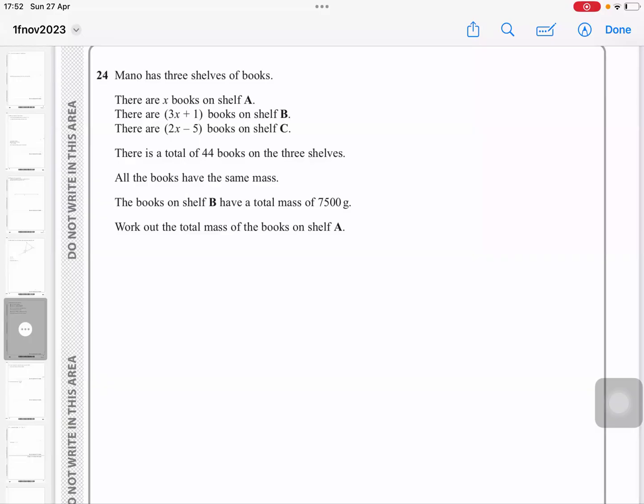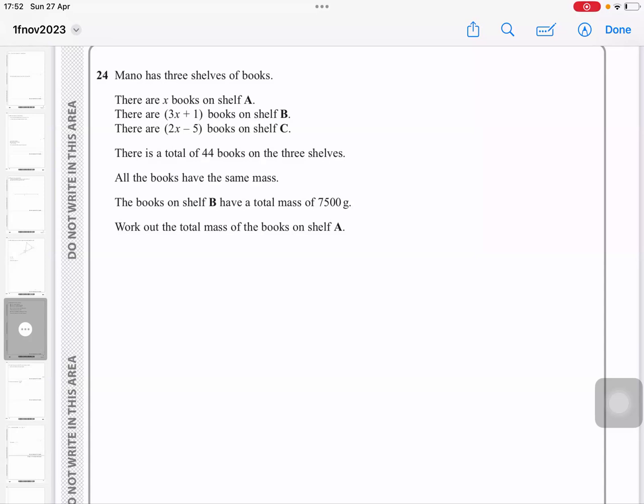Okay, so this is what I see here. We're looking at the number of books on each shelf. On shelf A, you have X. On shelf B, you have 3X plus 1. On shelf C, you have 2X minus 5. And meanwhile, you are told that you have a total of what? 44.